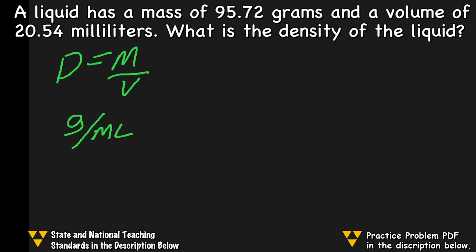We see we're given a mass of 95.72 grams and a volume of 20.54 milliliters. Both of these are in appropriate units, so all we have to do is simply plug this in. This is super easy.